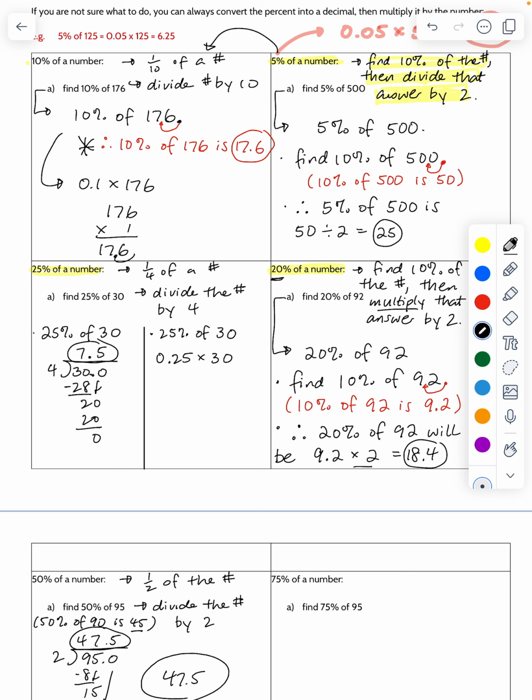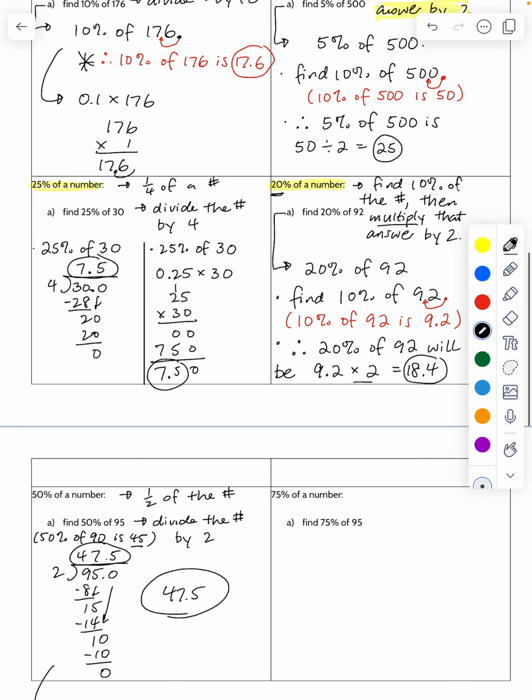Then I'm going to do 25 times 30 here. And I know based on my previous answer, 25% of 30 will be 7.5. So therefore, 25% of 30, 1/4 of 30 is 7.5. Okay, so that's 25%.